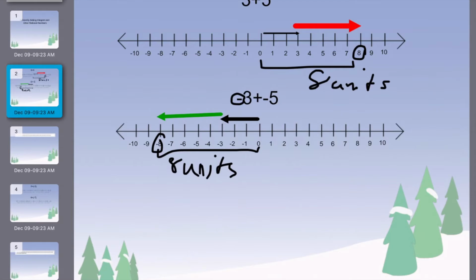But for my second problem, both of these answers are negative, so it's 8 units left.